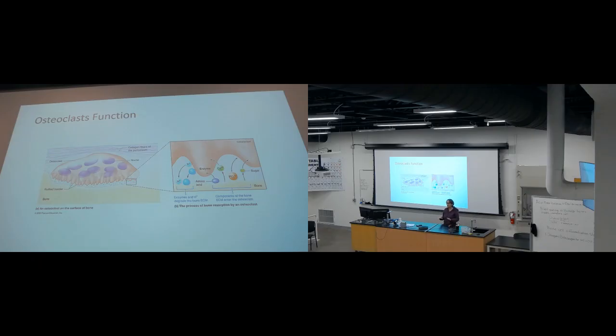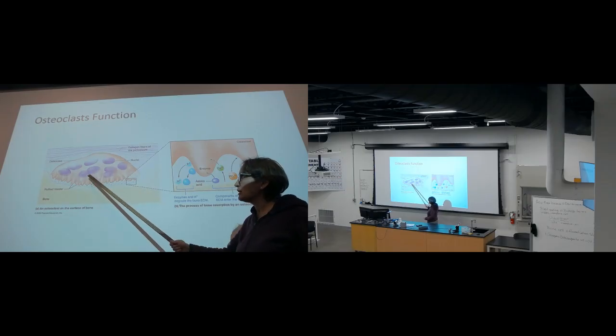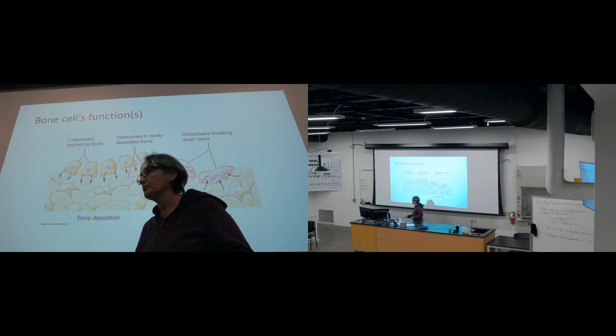Do it with your hands. Both hands, you need both hands. How many purple spheres do you see there? Nine. So it's made out of nine cells. So this osteoclast in particular was made by nine cells.